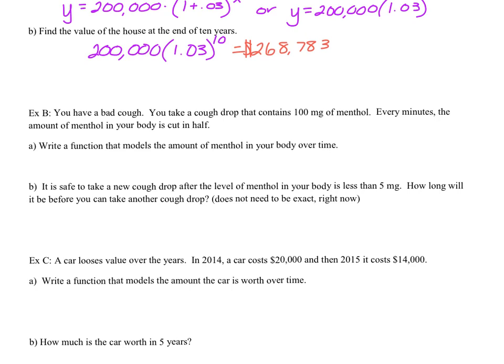So y equals the starting amount, well, 100 milligrams of it. That's being cut in half, so it's decreasing by 50% each time. To have it be a decay, it needs to be less than 1. Really, we would do 1 minus 0.5, but that just gives us 0.5. So we're going to have 0.5 to the x.